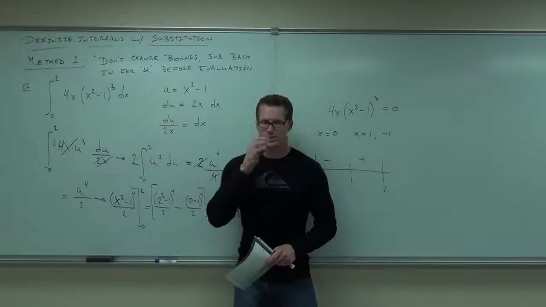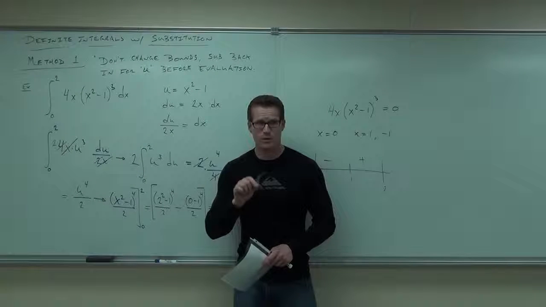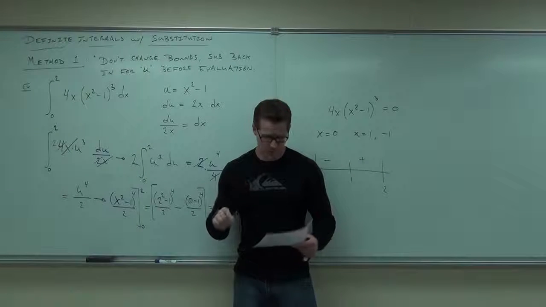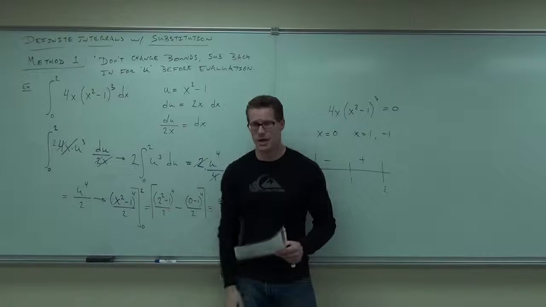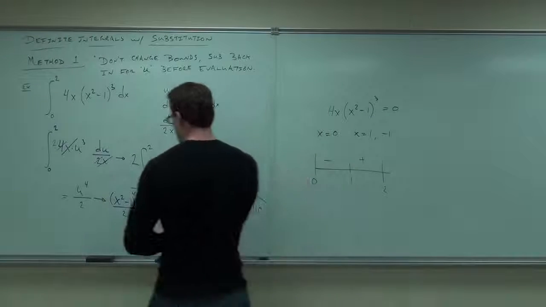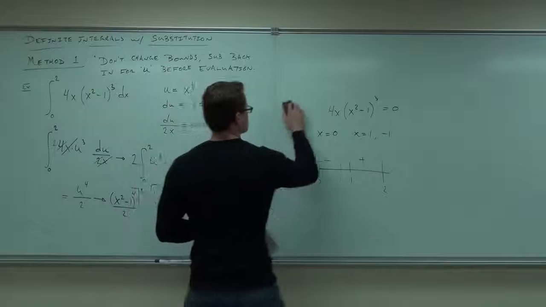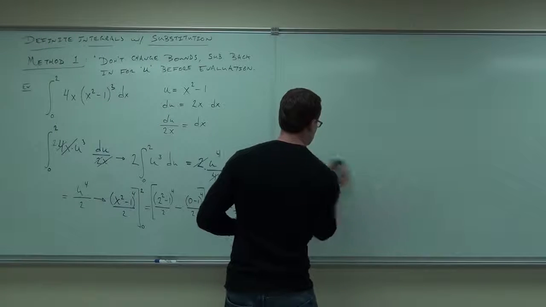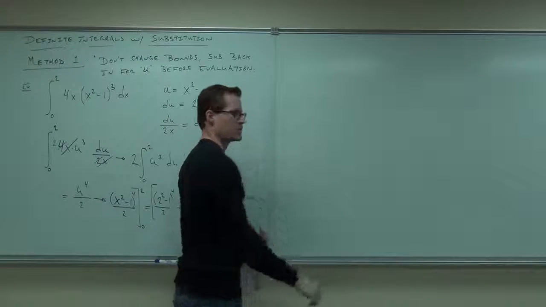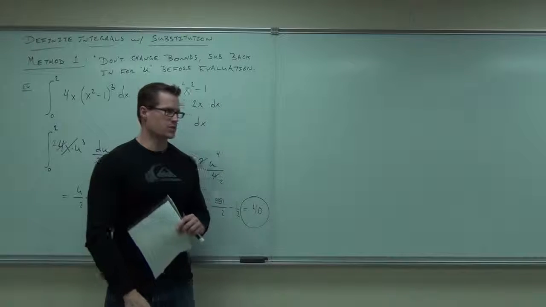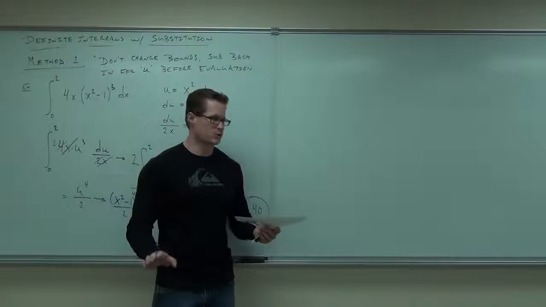In either way, notice that you're going to be plugging these numbers in. You will be plugging in 0, and you will be plugging in 2, just at a different time. So we're going to talk about method 2. I'll show you how that works. Do you have a preference on which method? I'll tell you which method to use on the test when I want you to use it. If I don't tell you a method, you do whatever method you want. Okay?